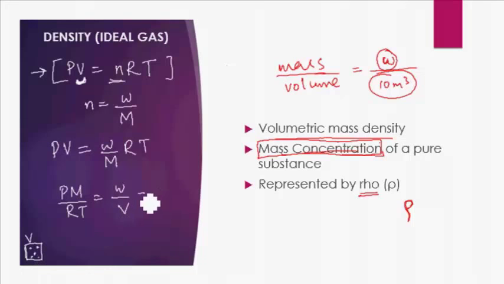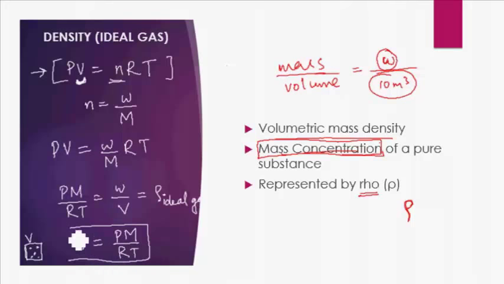So the term on the right hand side, W by V, is basically the density of your ideal gas, and hence I have a formula for calculation of density of an ideal gas, which is that Rho is always equal to PM by RT, where P is the pressure inside the container, M is the molar mass or gram molecular mass of that ideal gas, R is your universal gas constant, and T as usual is the temperature in Kelvin. Temperature T must always be in Kelvin.